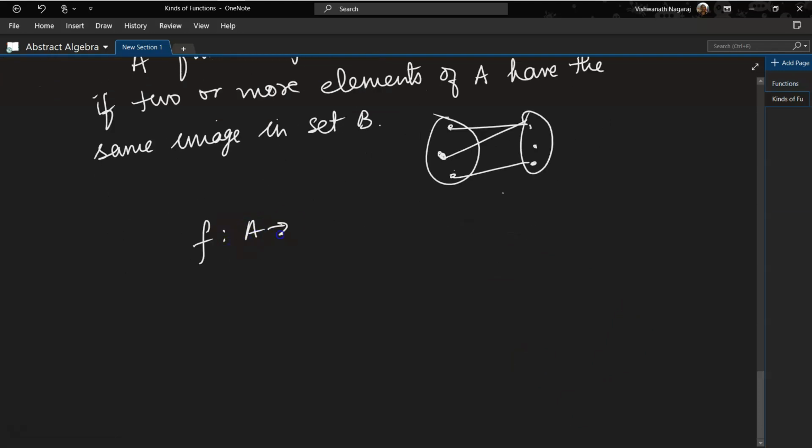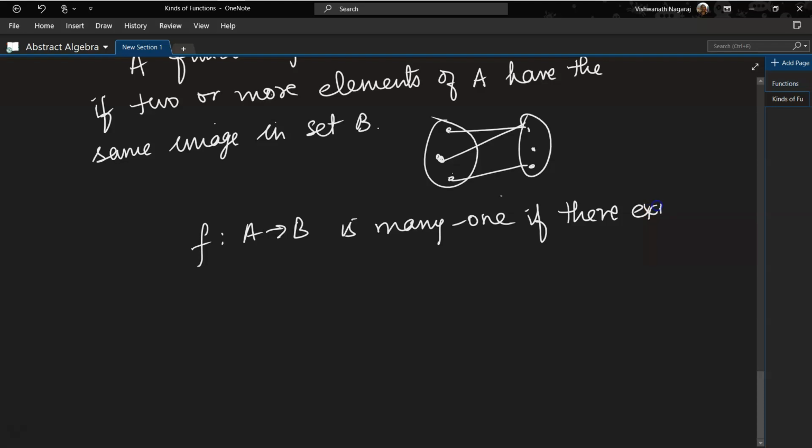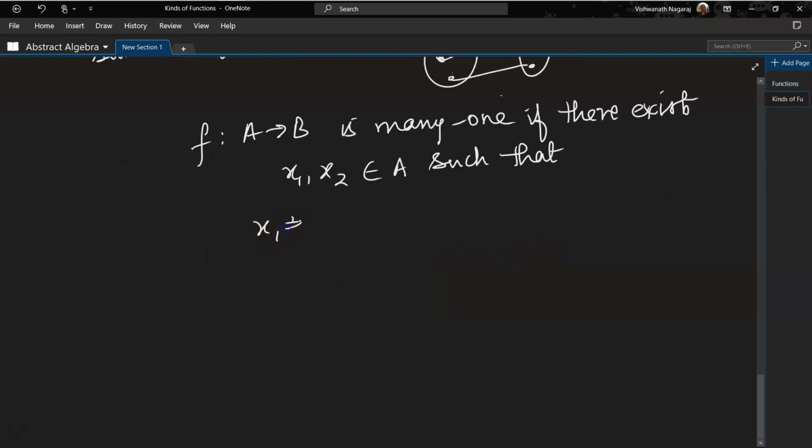Another thing, f from A to B is many to one if there exist x1, x2 belonging to A such that x1 is not equal to x2, but f of x1 is equal to f of x2. x1 and x2 are two distinct values of A. They map to the same element in set B.